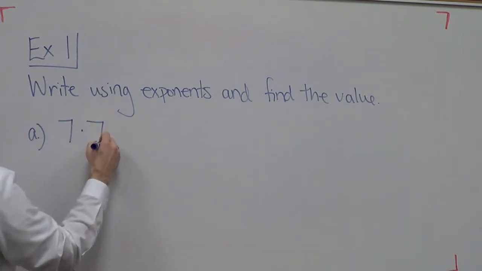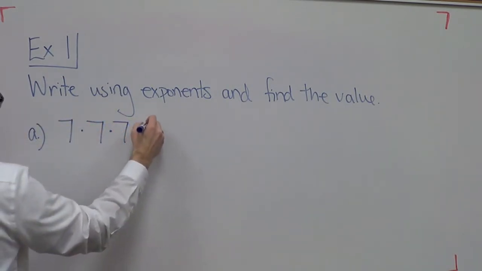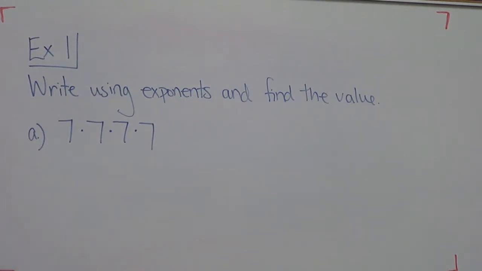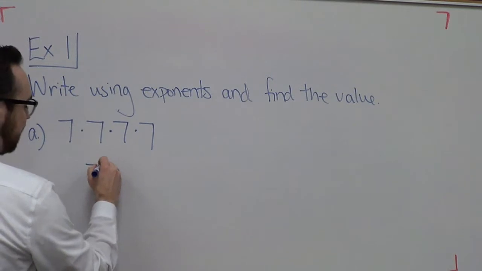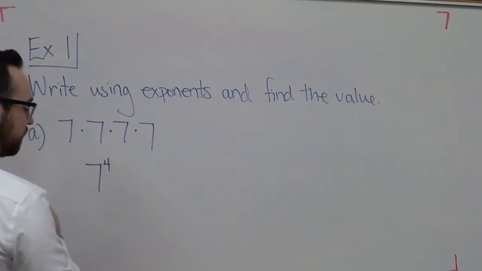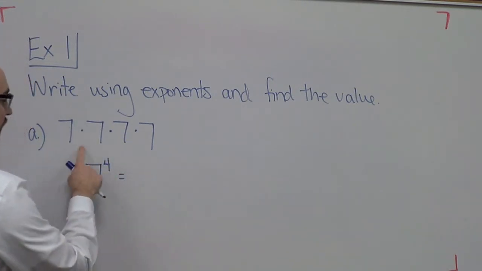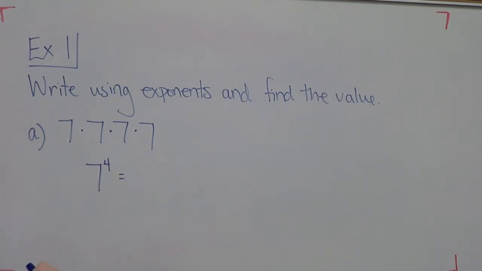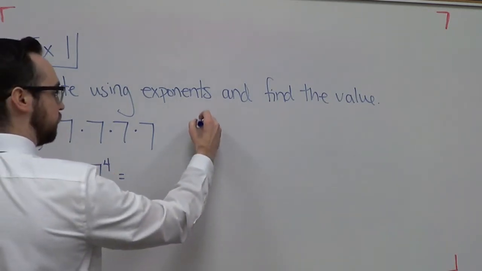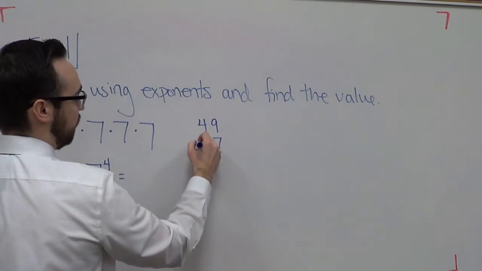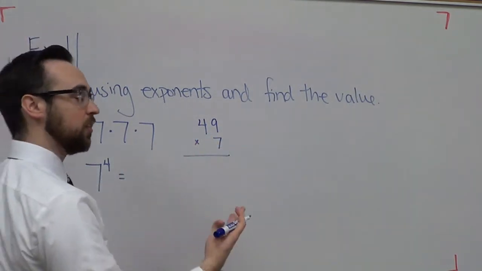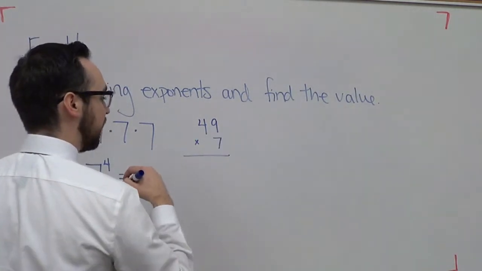So 7 times 7 times 7 times 7. We have 7 4 times, it's a repeated factor, so we would simply write that as 7 to the 4th. And then we multiply that out. 7 times 7 is 49 times 7. So again, you're going to have to do some multiplication here because this is not going to be just mental math.